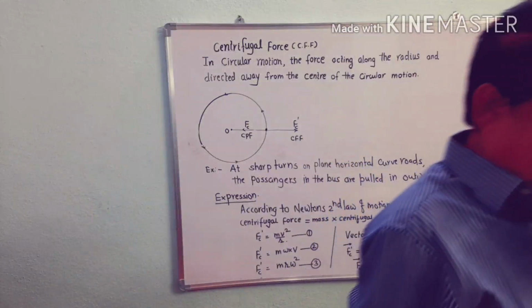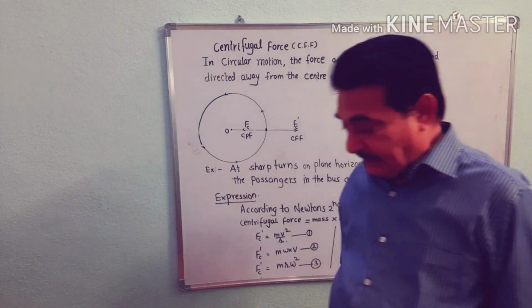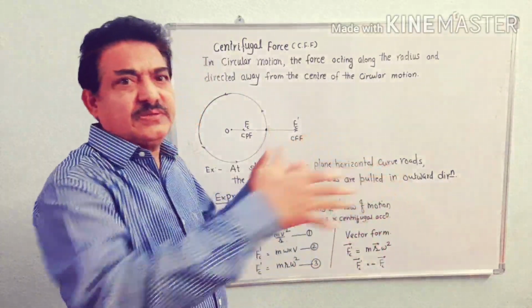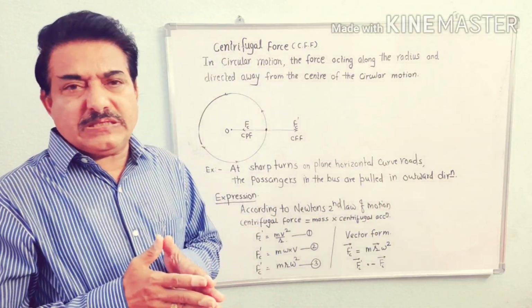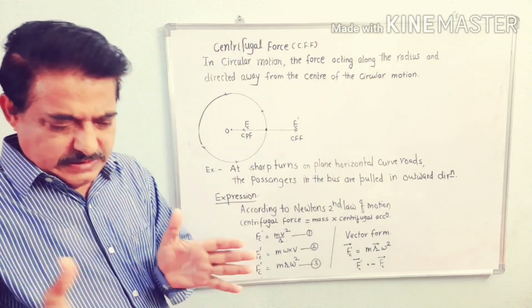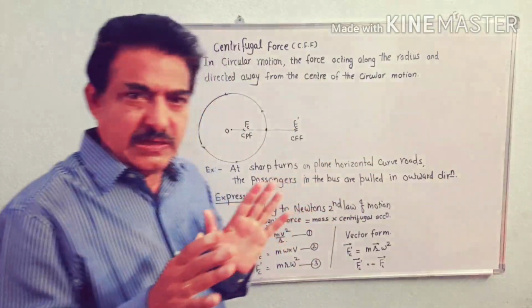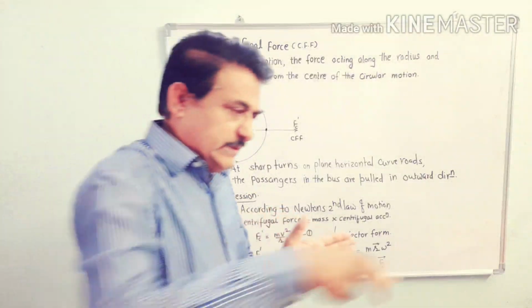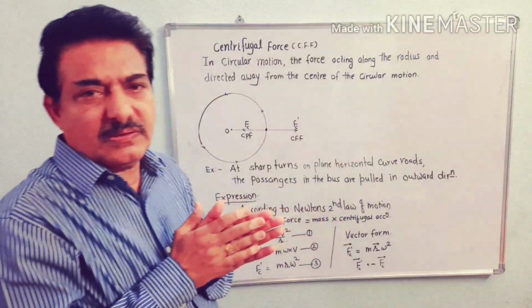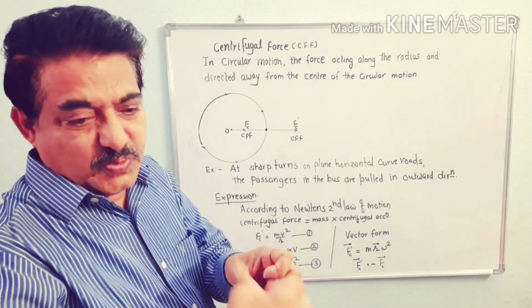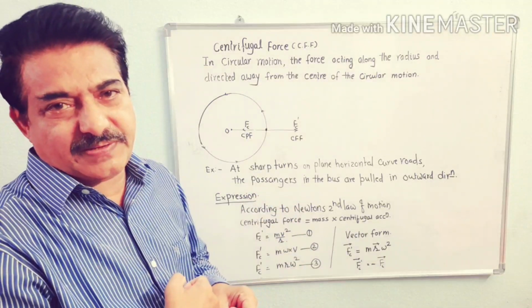So we will see one example of this. When a bus takes a sharp turn on a plain horizontal curved road, let us suppose the road is turned in this direction and the bus is moving along that turn, then the passengers in the bus are pulled in outward direction.